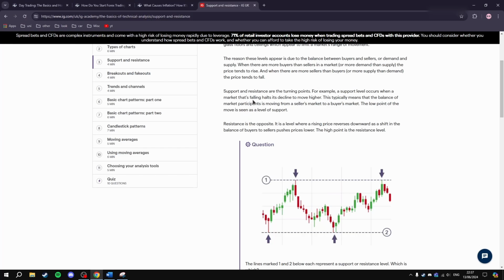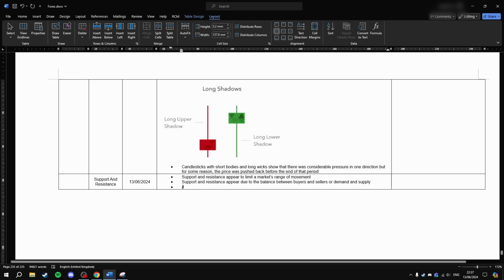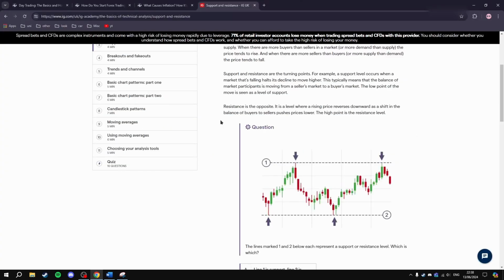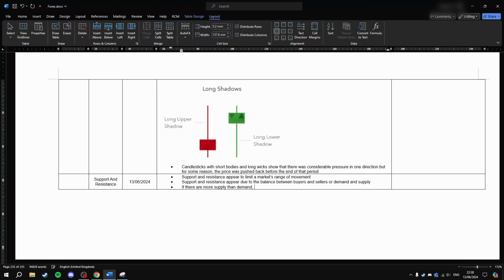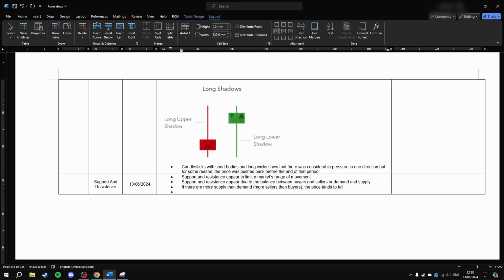When there are more buyers than sellers in the market, or more demand than supply, the price tends to rise. And when there are more sellers than buyers, or more supply than demand, the price tends to fall. So if there is more supply than demand, more sellers than buyers, the price tends to fall.